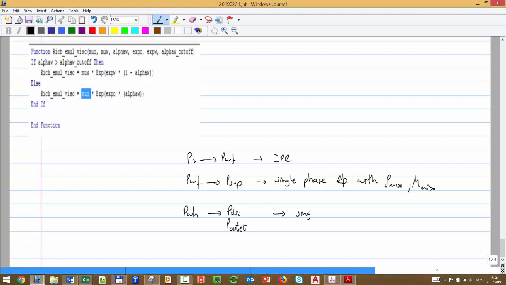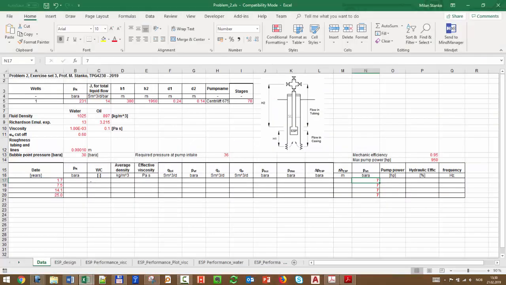For that you also use the same single phase equation, again with density of the mixture and viscosity of the mixture, which will be the same. The fraction doesn't change along the tubing, so after I calculate for this segment, I can use it for the other. That's why I have it here on the table. You have water cut, you calculate these two, and then you use that to go further. You have bottom hole pressure, go to suction pressure, and then you move from wellhead pressure all the way to discharge. Okay, so let me take a copy of that.